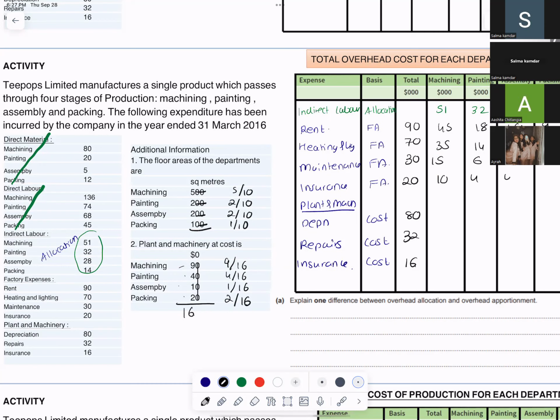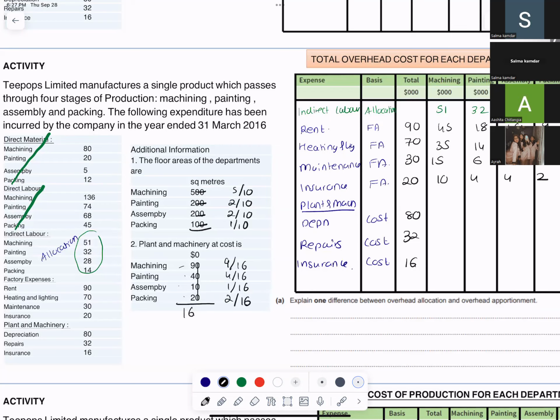I'm still doing plant and machinery. My insurance is not the same, I'm getting insurance 10, 6, 6, 2. Let's check. 20 divided by 10, so 10, 4, 4, 2.